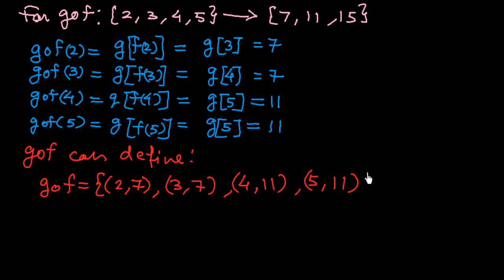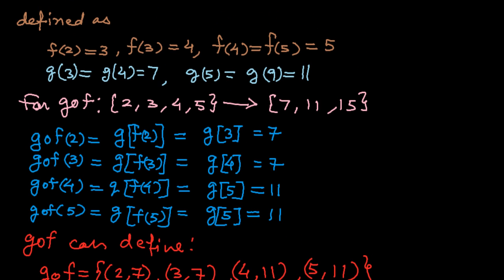In this way we could define g of f. So this is a way to find the domain and codomain or range of a composite function, and to easily find out whether a composite function exists or not. So thank you for this session.